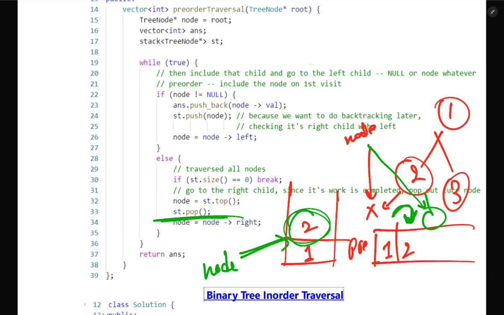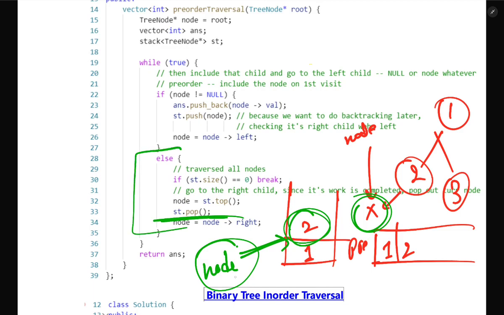So let me tell what all things I have done. Yep, and you don't need to erase it. So my left child is null. Null is not a child. So now, when I encounter a null node, I will say that okay, my node should point at the stack's top element, and then it should remove it from the stack.